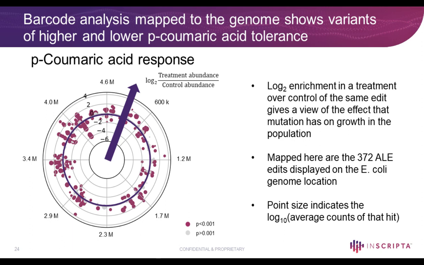So it's quite reproducible, and the point size indicates the actual number of counts. You can have an edit which might have low counts but be significantly enriched, but it's possibly even more exciting when you see multiple counts showing up and also significantly enriched.